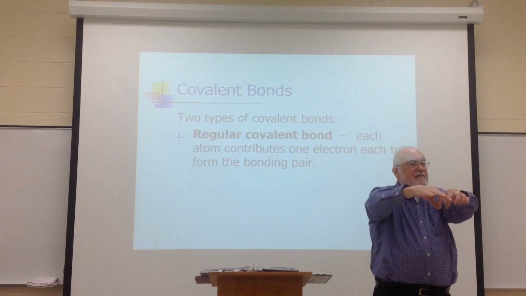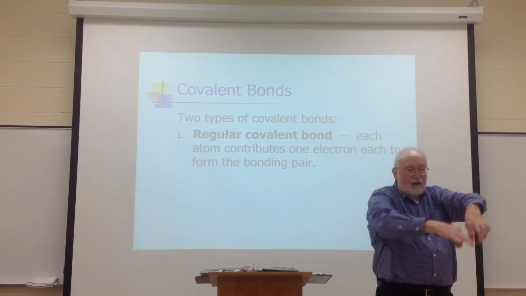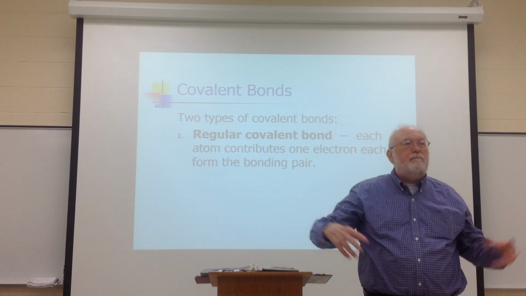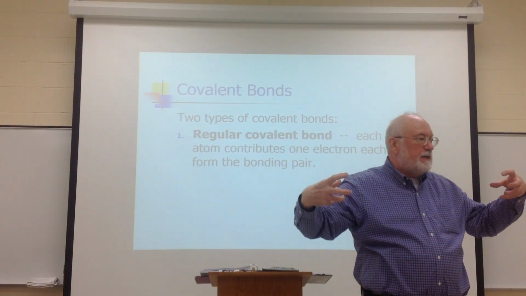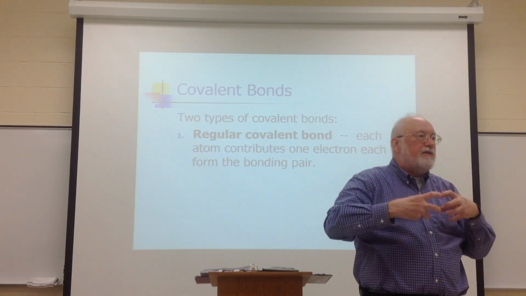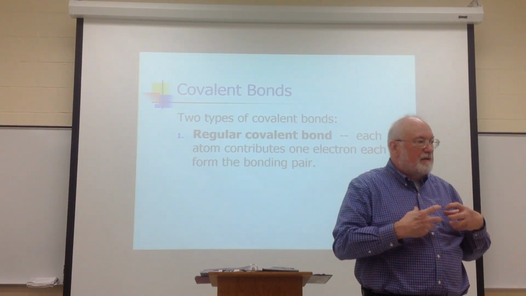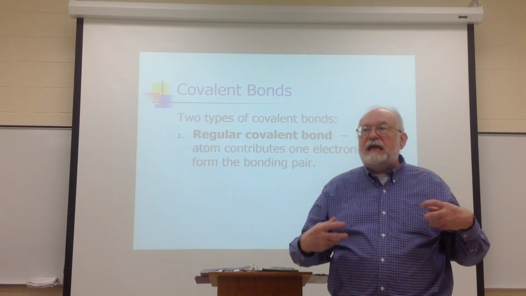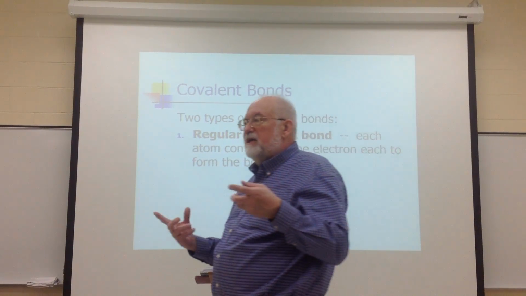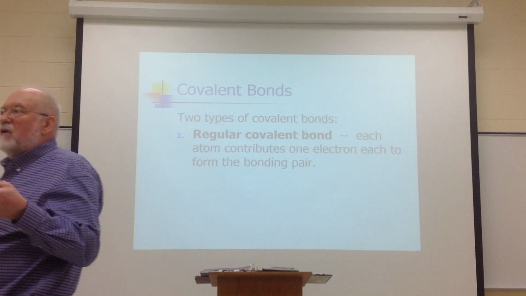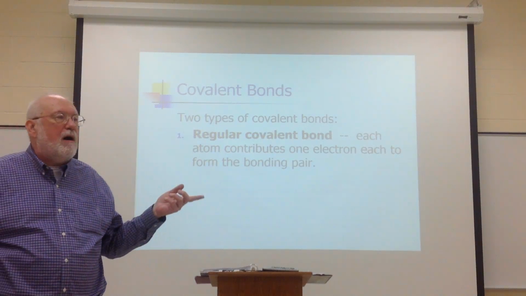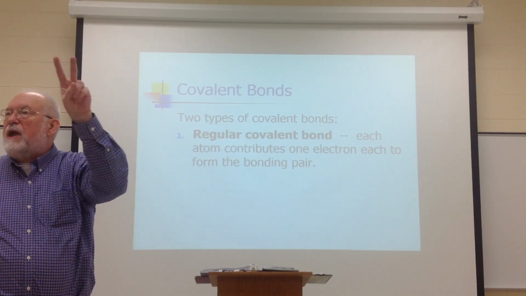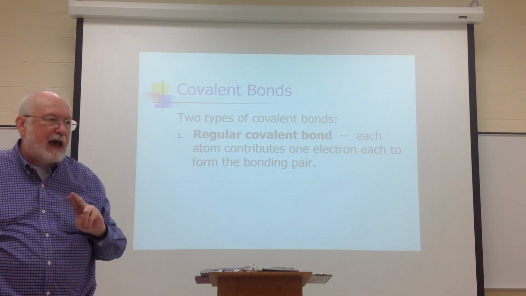They're going to spend time with A, and they're going to spend time with B. And by spending time with both of those atoms, the two atoms are held together, bonded together. That's a covalent bond. If they're sharing a single pair of valence electrons, we're going to call it a single covalent bond. Single covalent bond, one pair of electrons shared between the two atoms.